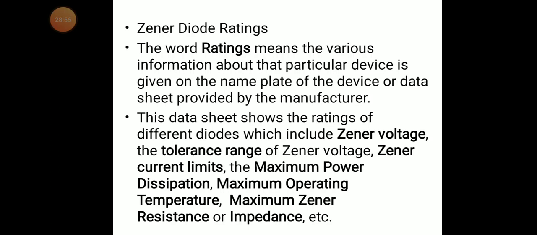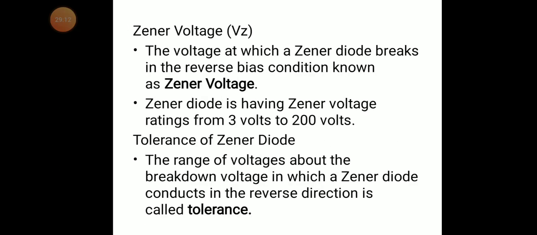Now we try to discuss what these terms are in detail. We try to understand these terms' definitions and what ranges we get in the market. The first one is Zener voltage, which we indicate as Vz.